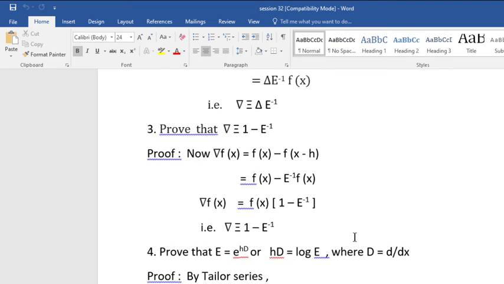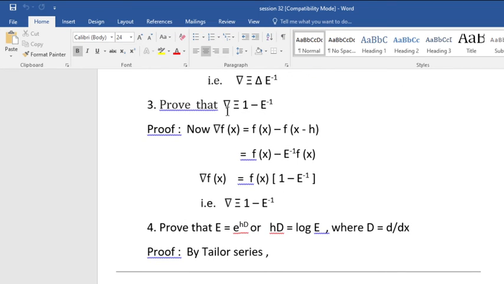Next property, prove that backward difference is equivalent to 1 minus E raised to minus 1. So now consider the backward difference operated on f of x. So this is f of x minus f of (x minus h), and f of x we can write as it is, and here f of (x minus h) we can write as E raised to minus 1 of f of x.